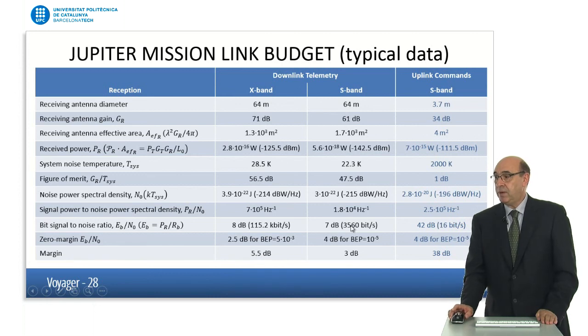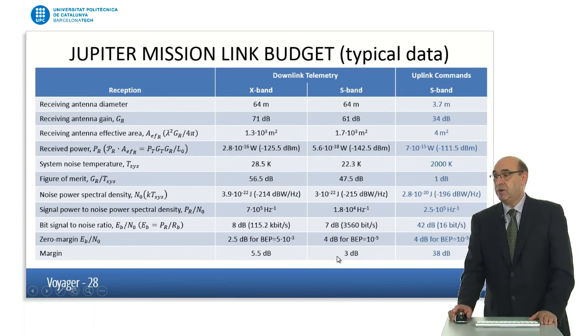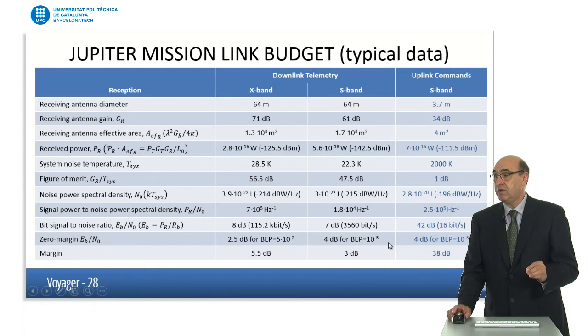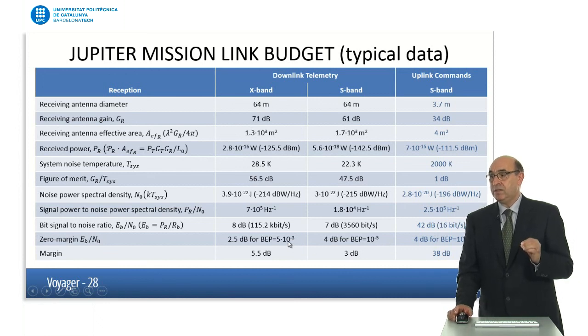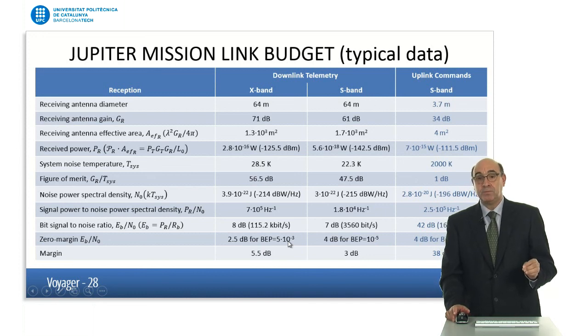And for S-band, this is for the images, this is for data on other instruments or on the spacecraft, then the margin is lower, it's 3 dBs. Why? Because they require a higher probability of error. Here you only accept one error in 100,000. Why can't you accept a larger number here?